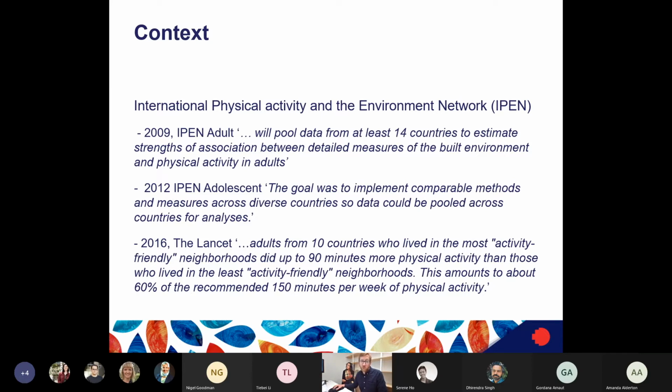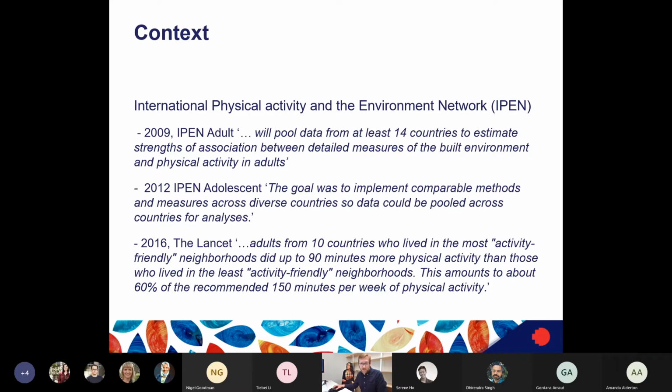It pooled data from at least 14 countries to estimate strengths of association between detailed measures of the built environment and physical activity in adults. In the 2012 IPEN Adolescent study, the goal was to implement comparable methods and measures across diverse countries, so data could be pooled across countries for analyses. And the main findings were presented in a Lancet paper in 2016.